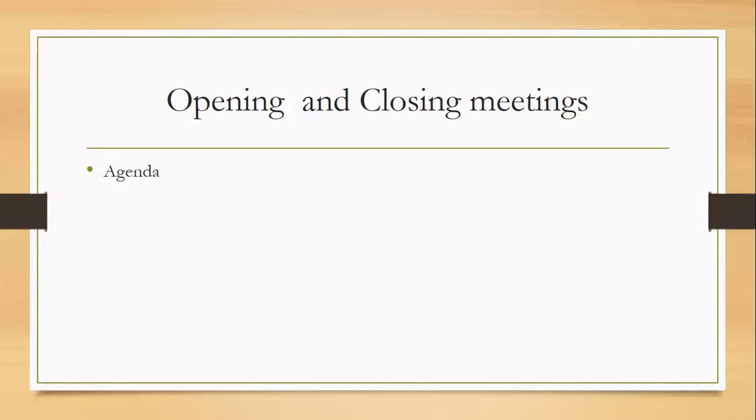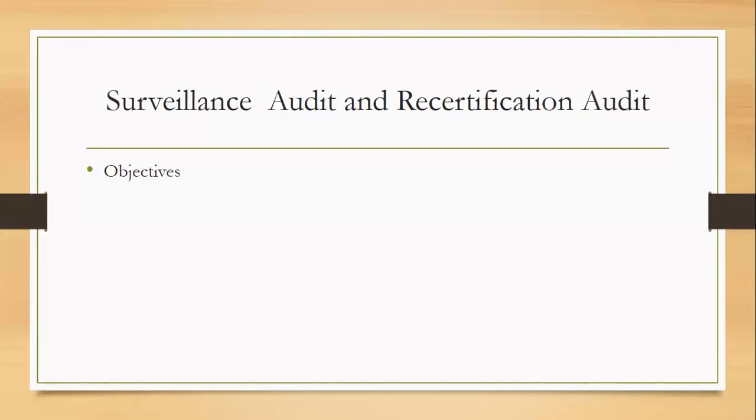Audit follow-up is this: all the recommendations we have made, we confirm after some given time that those recommendations have been closed. That is the essence of the audit follow-up, very important. So the closing meeting is to basically present the findings.